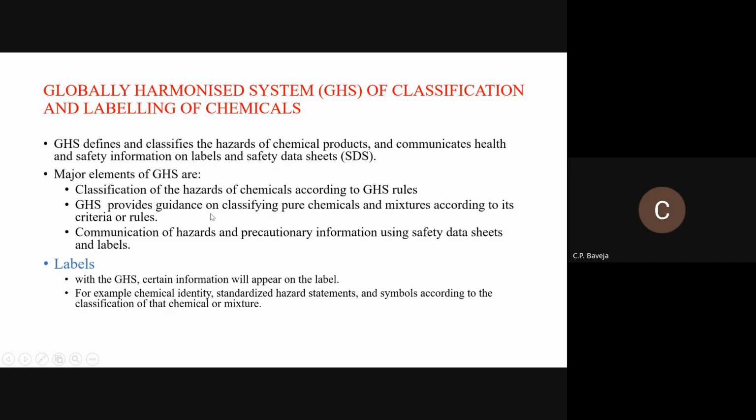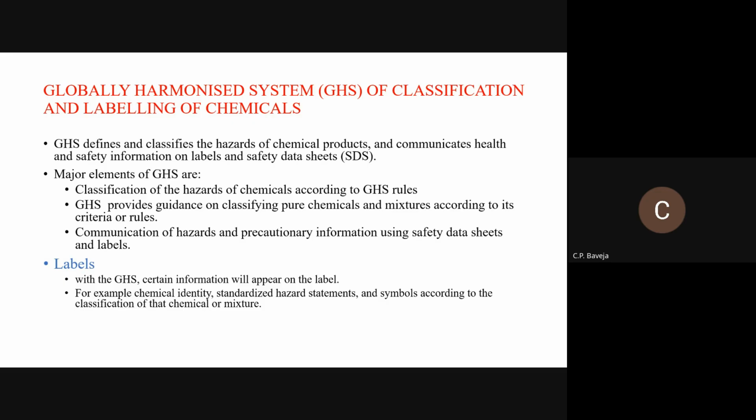GHS provides guidance on classifying pure chemicals and mixtures according to its criteria. Then communication of hazards and precautionary information using safety data sheets and labels.